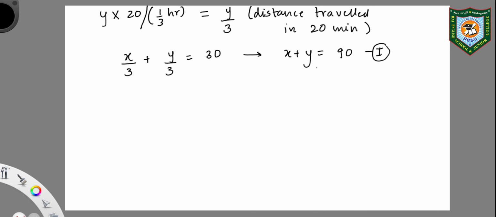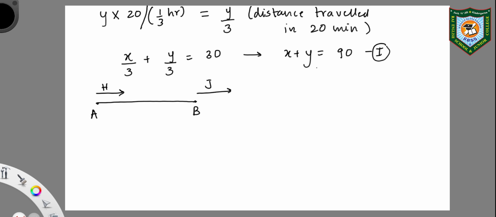Now, for our equation number 2, it says that now this is A and B. Hamid is traveling in this direction, and Joseph now, this is B, this is A, Joseph now is traveling in this direction. So now the question says that if Joseph would have started from B at the same time but in the opposite direction, Hamid would have caught him after 3 hours.